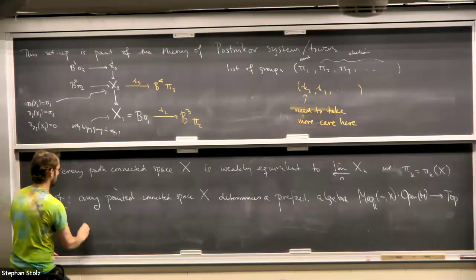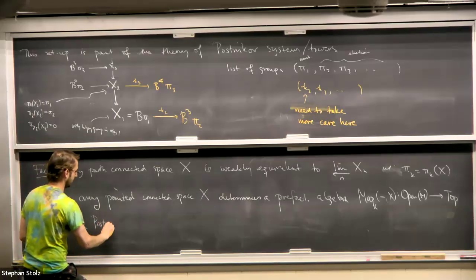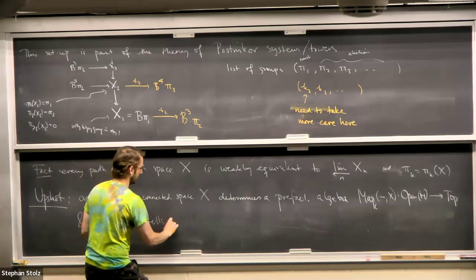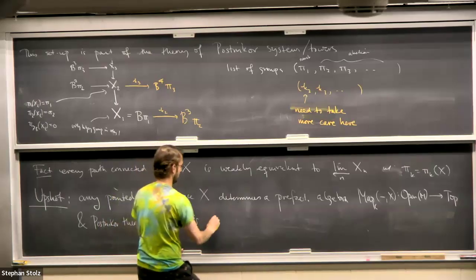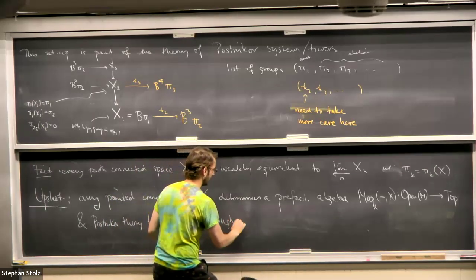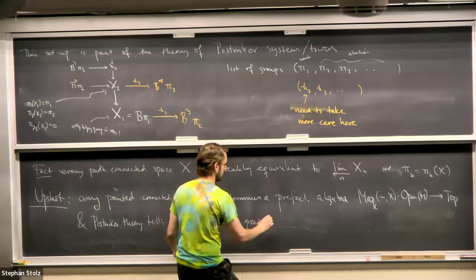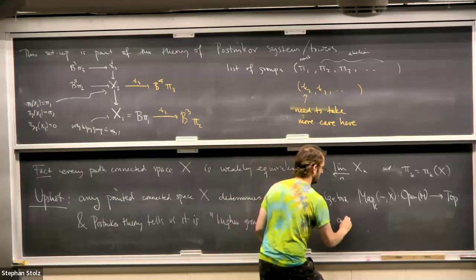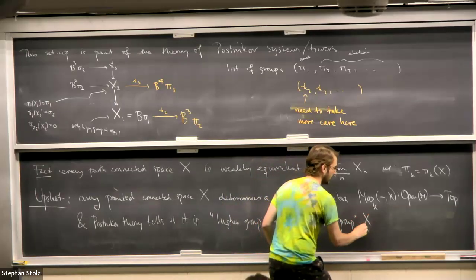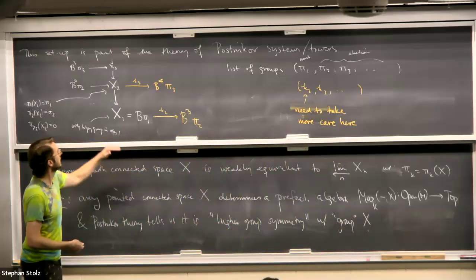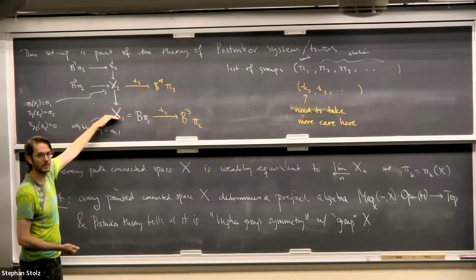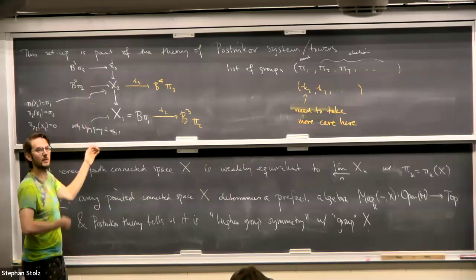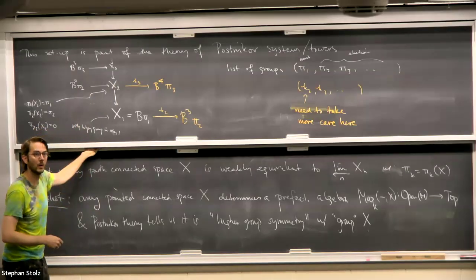Okay. Krasnikov theory tells us it is, according to the higher group symmetry of X. You can think about what we're assembling is the zero form symmetry for pi1, the 1 form symmetry for pi2, the 2 form symmetry for pi3, and so on and so forth.